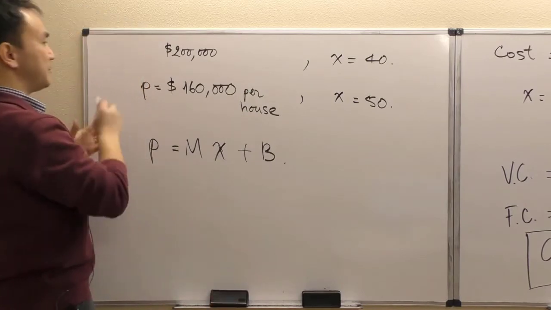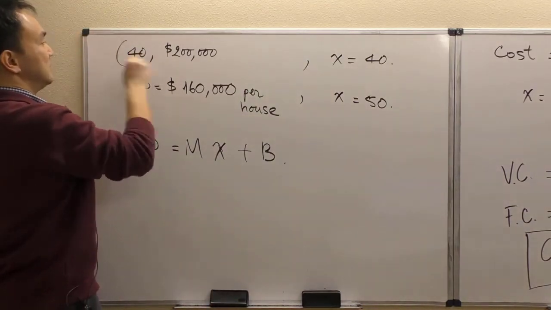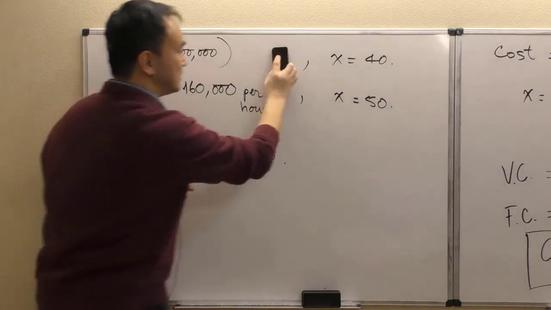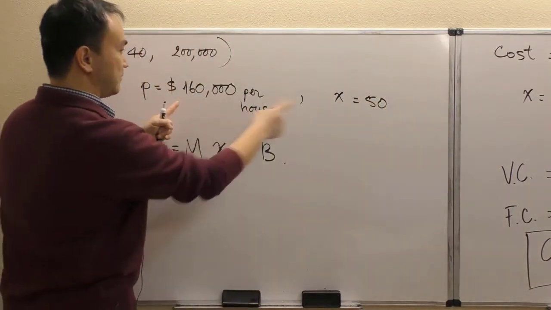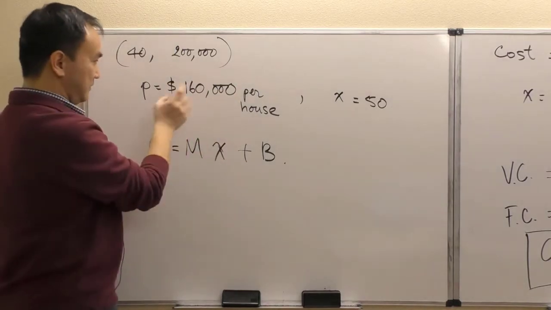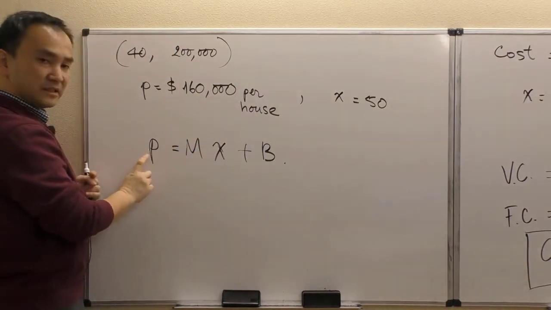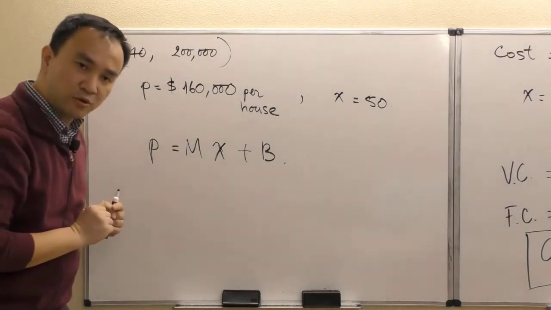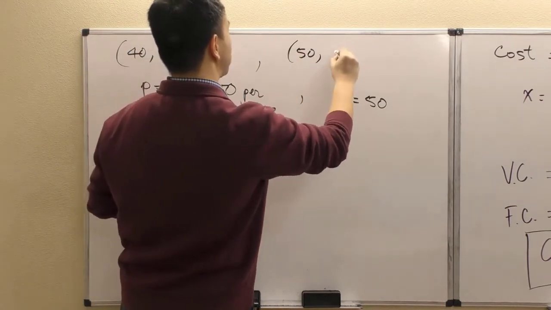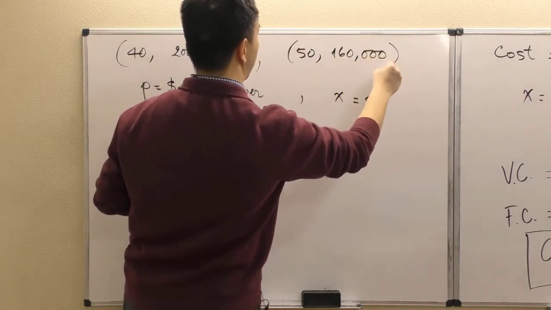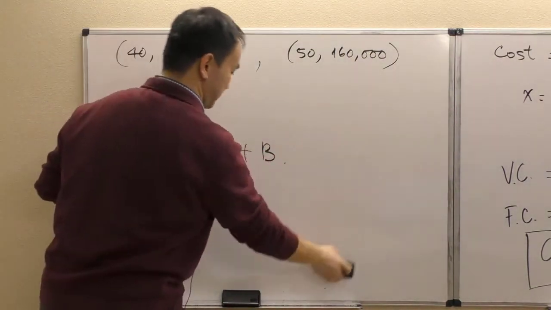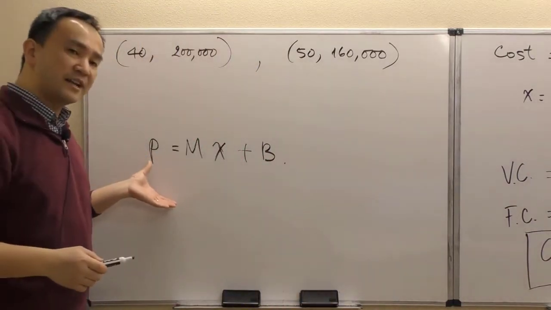So we have a pair of values, 40 and 200,000. The next line gives us another pair: 50 is the input, for x, the independent variable, and $160,000 is the output, the dependent variable's value. So now we have another pair, 50 and $160,000.